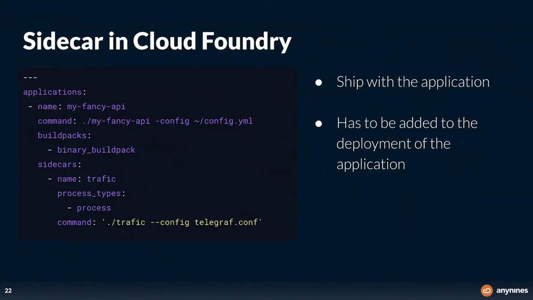Adding a sidecar is really simple. You just have to adapt the application manifest by adding a sidecar section. There you describe which process you have to start. A downside of this approach is that you have to ship the sidecar within your application package.